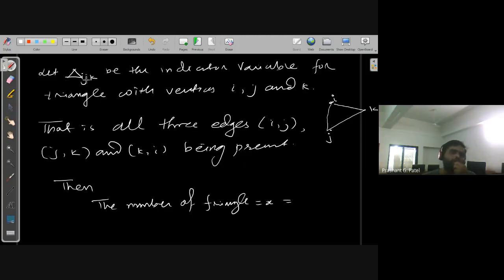I need to count how many of this type of delta there are. That means it is a summation of delta ijk, where the summation is taken over i, j and k. If ijk is one triangle, and there is another set of vertices which forms another triangle, each triangle we need to count. Our objective is to find the expectation of this x.